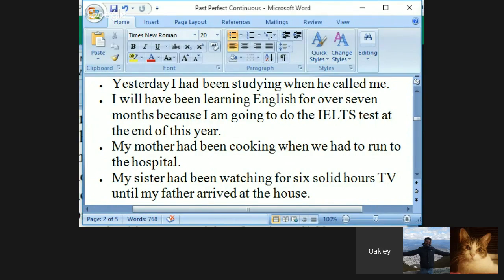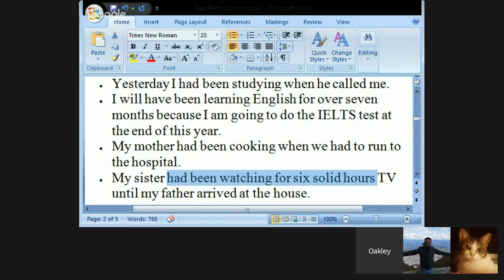But by adding this time phrase, now it makes it obvious why you're emphasizing the verb. She needs to get out and get some exercise or whatever. She's watching TV for a long period of time.